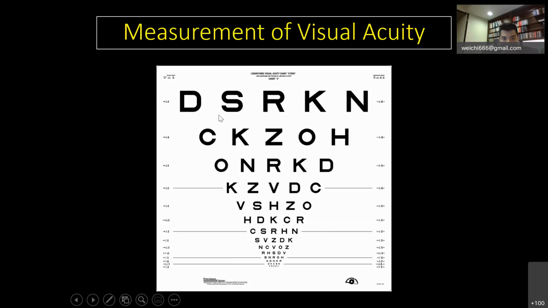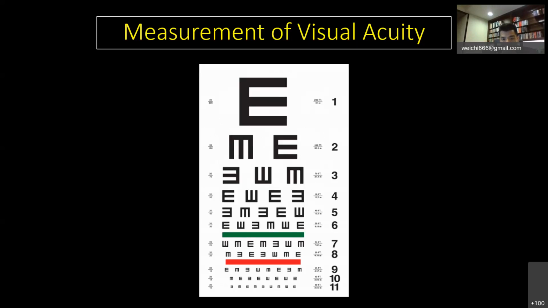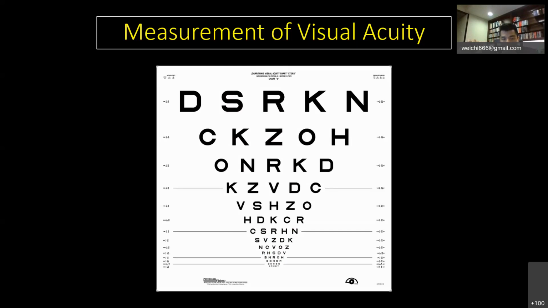Each line has the same number of characters, and the proportion of difficulty of the letters is different from the traditional chart used in the clinics, because it was specially designed to reflect the gradual changes of vision in patients.